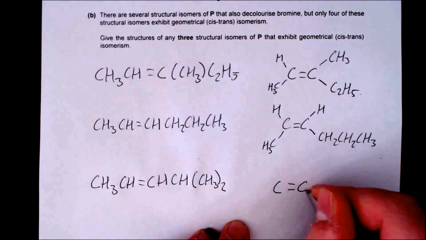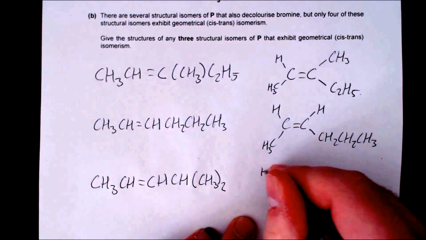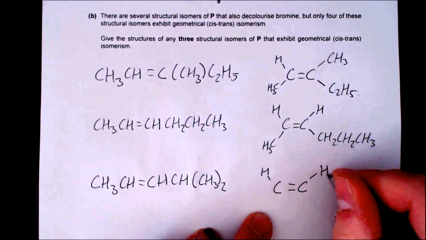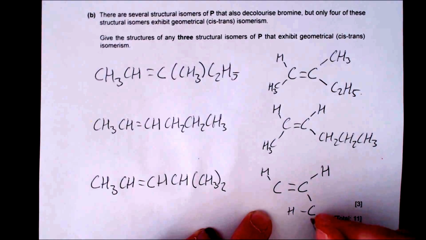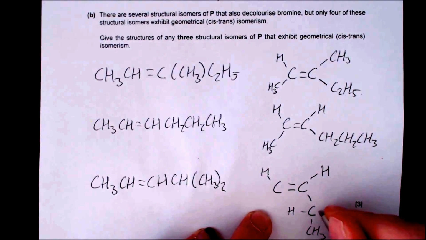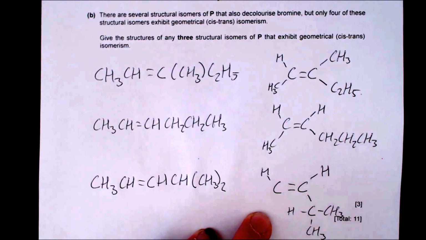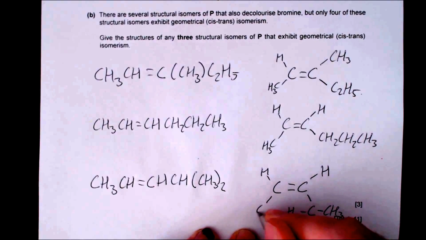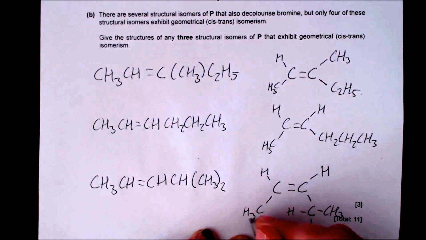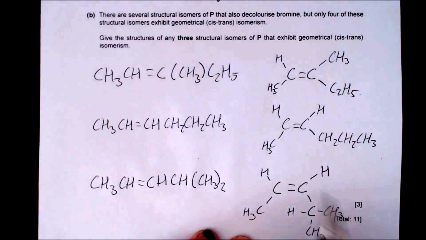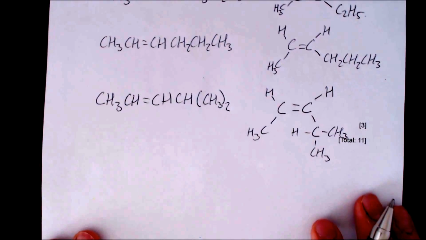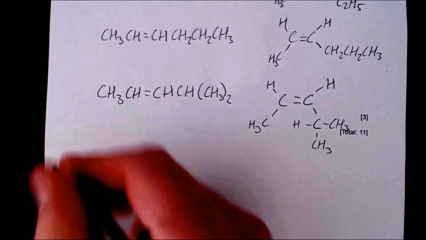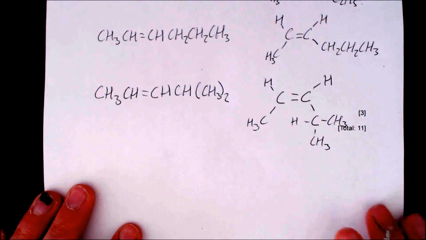So we've got our carbon, hydrogen, 2 CH3s coming off there, and then a CH3 off there. Again, that one is cis because the 2 hydrogens are on the same side. And then let's draw one more because there's only one more for this one.